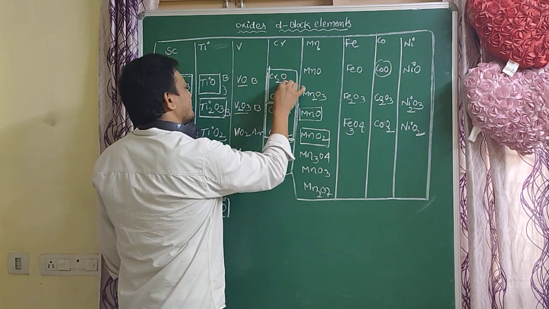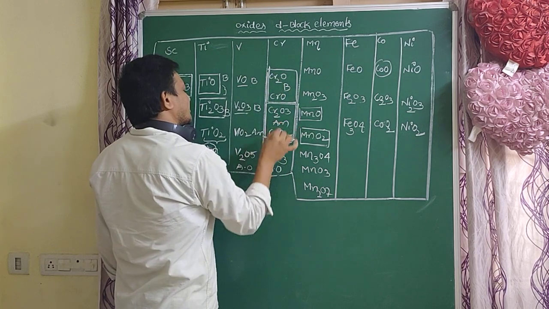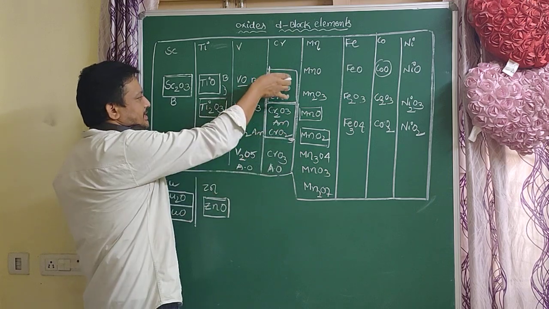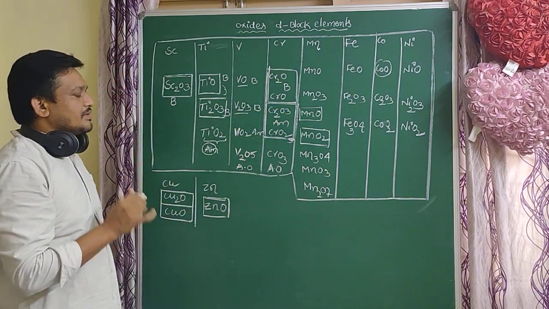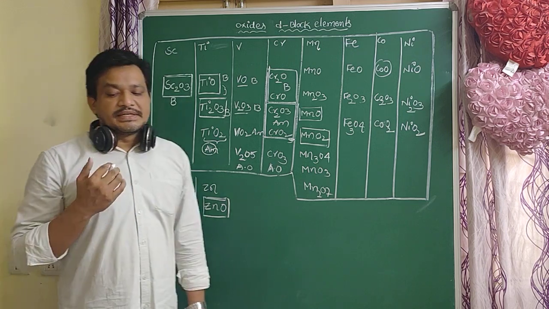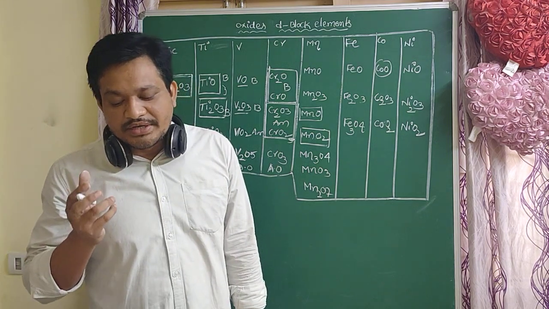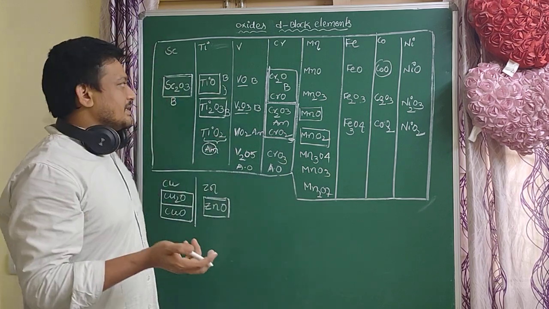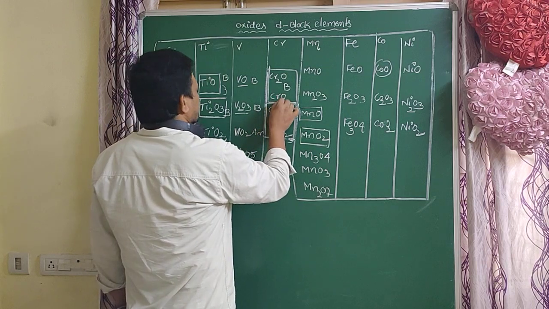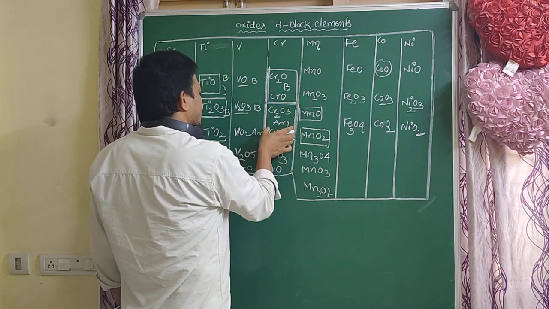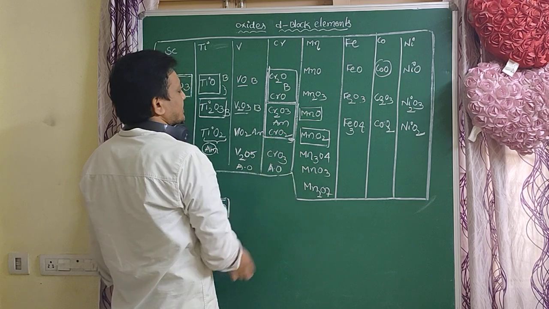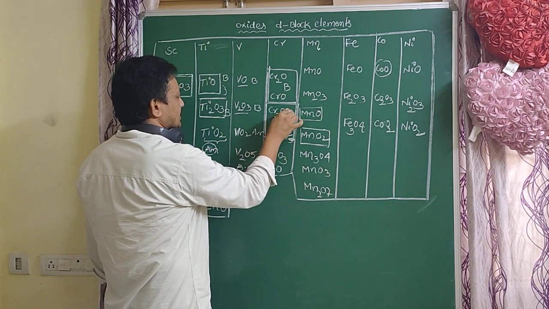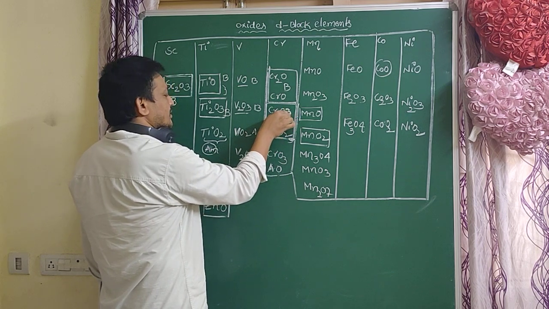As the oxidation number of the central atom increases, acidic nature increases. CrO is basic, these oxides are amphoteric, and these oxides are acidic. The most stable oxides are CrO3 and Cr2O3.